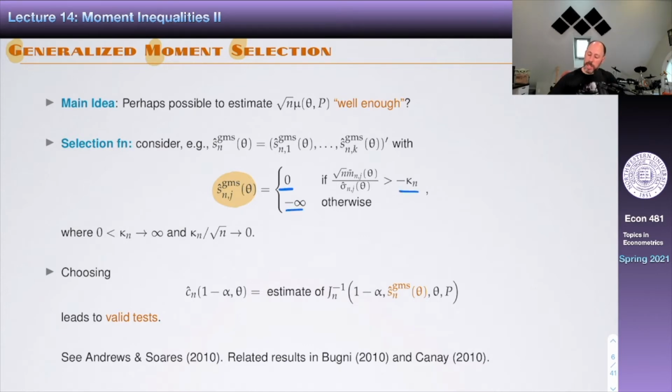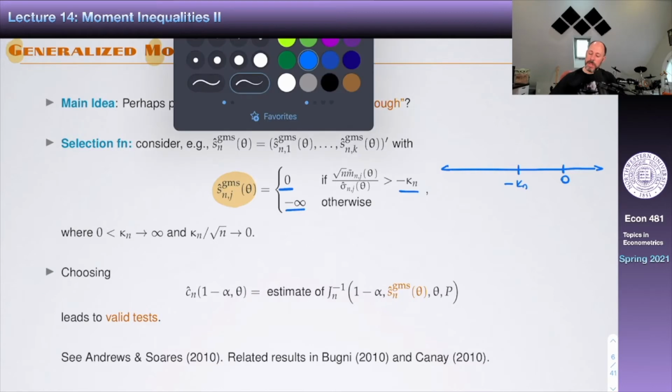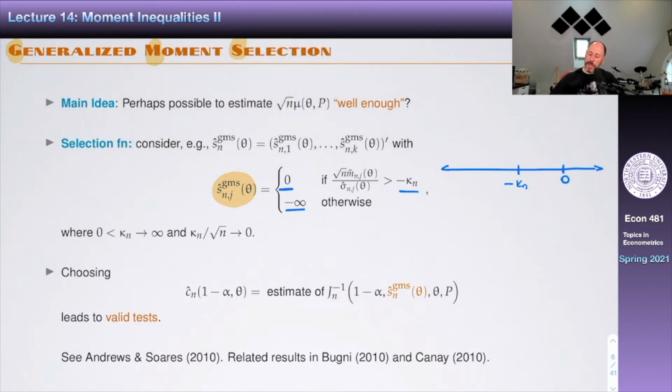So if you just think about it, what you're doing is you have your line over here and 0 fits here. You have negative kappa n here. And what you're going to do is say, okay, if square root n X bar divided by sigma hat falls in here, I'm going to say that my moment is binding.